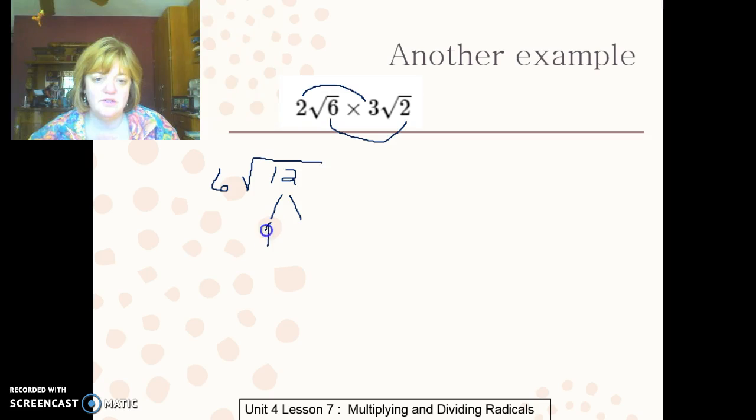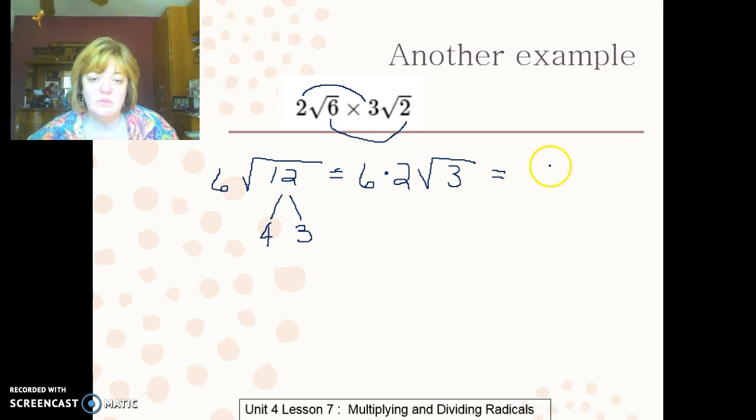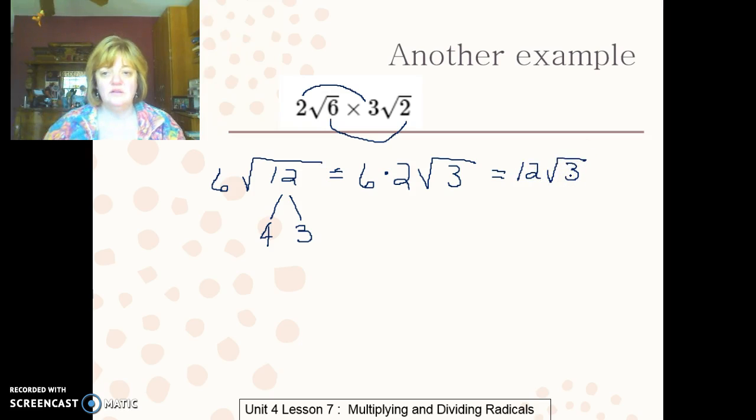A perfect square is 4, and 4 times 3 gives us 12. So keep your 6. The square root of 4 is 2, and that comes out from under the radical. The 3 stays under. When we multiply our 6 and 2, we have 12 square roots of 3. All done.